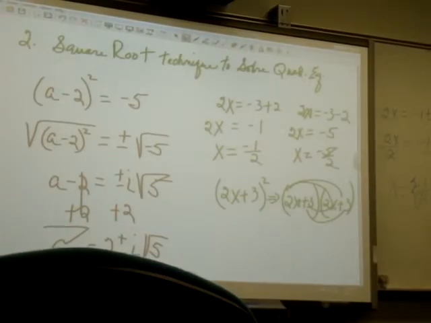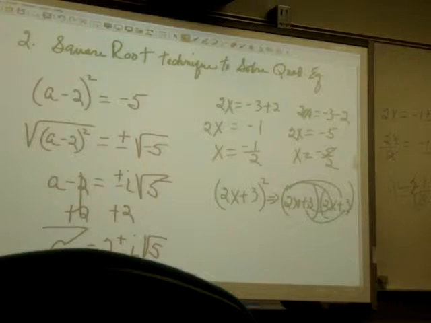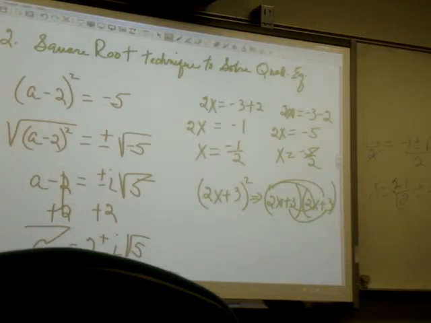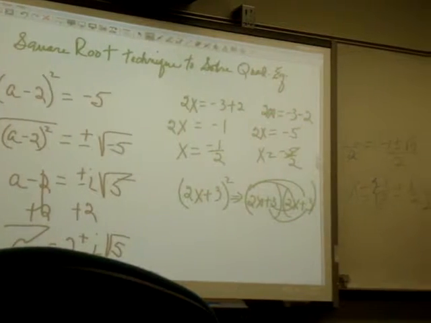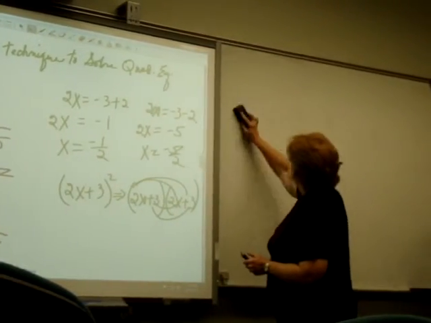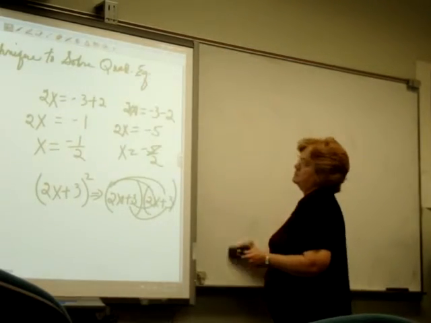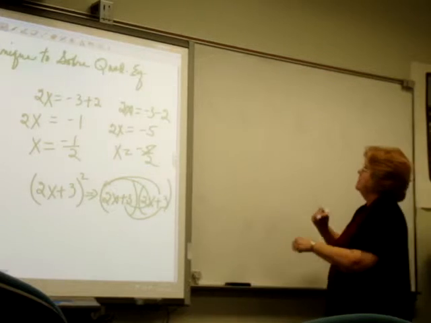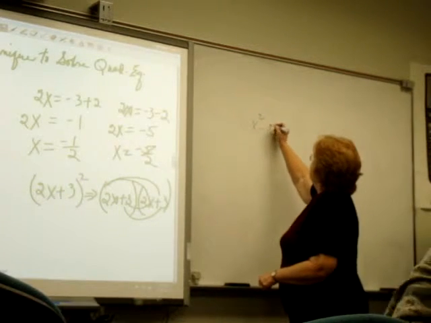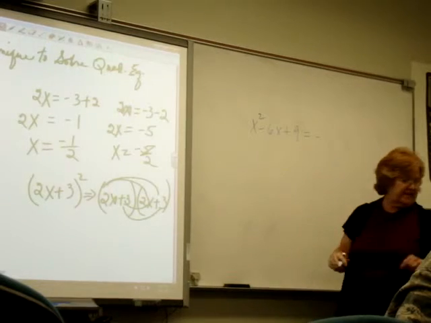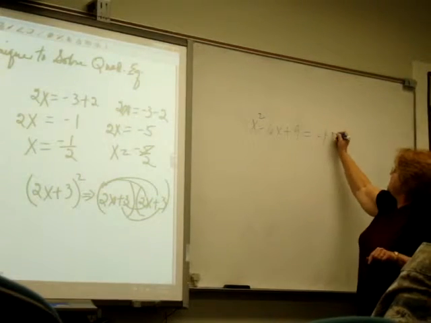Okay, look at number 15. I'm trying to give you enough variations as to how they may look so you know how to start the problems. x squared minus 6x plus 9 is equal to a negative 16.